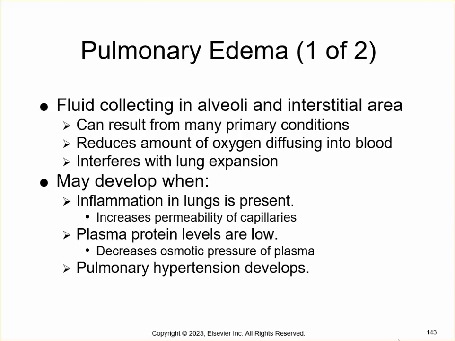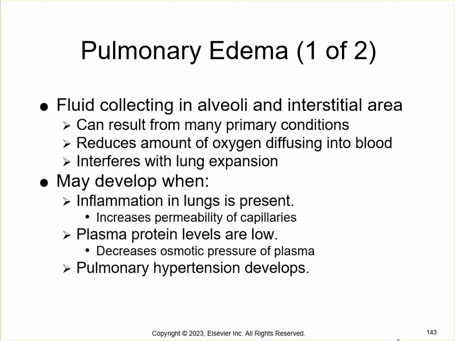Low plasma protein levels also affect it. So this is albumin. It affects the osmotic flow, and so not as much fluid gets drawn back into the bloodstream. The hydrostatic pressure pushes fluid out of the bloodstream into the interstitium.